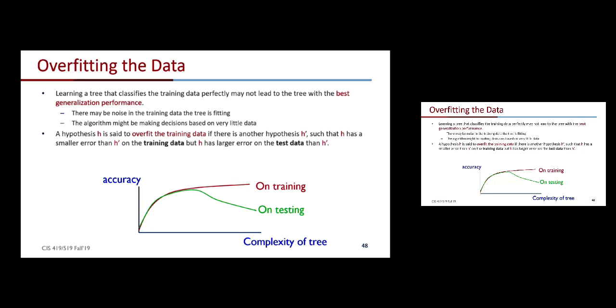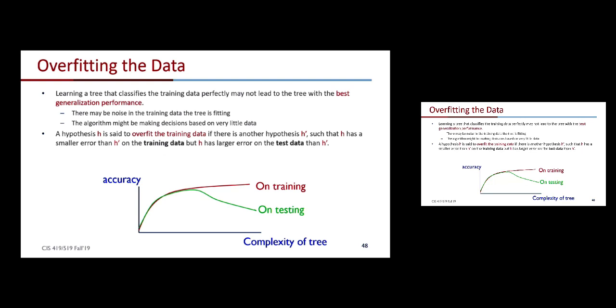Typically, what we're going to see is that at the beginning, it grows and pretty much matches. Maybe I should have had a little bit of a gap from the training accuracy. But at some point, it's going to drop because we just fit regularities of the training data, not necessarily regularities of the whole population. And this is when we say that we overfit.